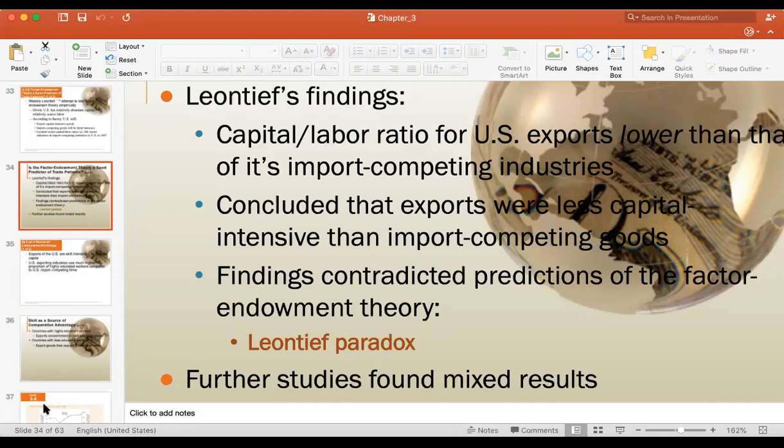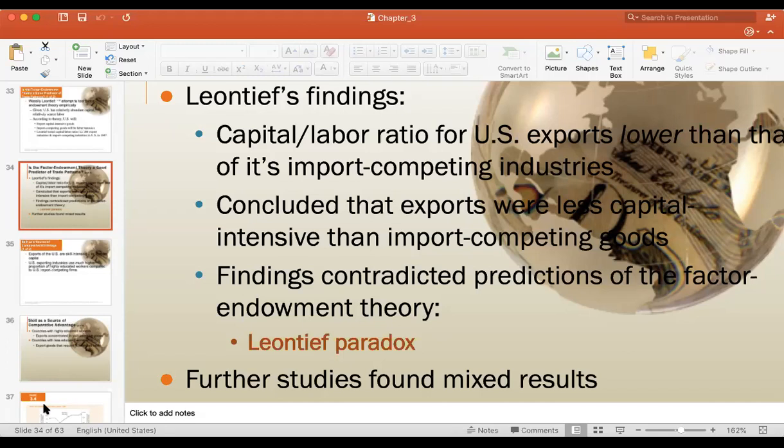Now, one of the reasons given for these mixed results, or for why Leontief and some other economists came up with some contradictions, is because Leontief and those economists failed to separate labor into skilled and unskilled, and failed to disaggregate capital into its different forms.